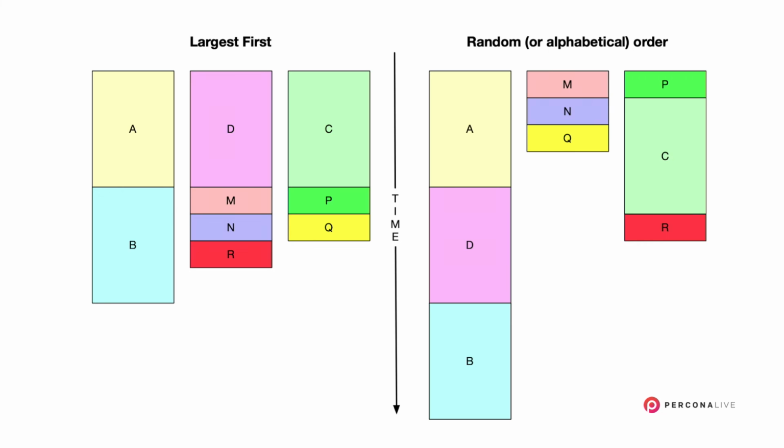But if you do the largest first, you will have the optimal utilization of the systems, while random order or doing chains in alphabetical order will lead to subpar utilization of the resources.